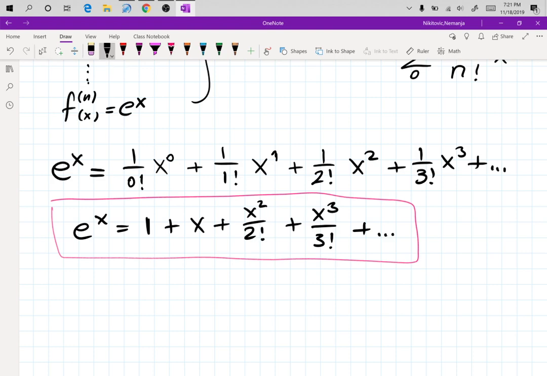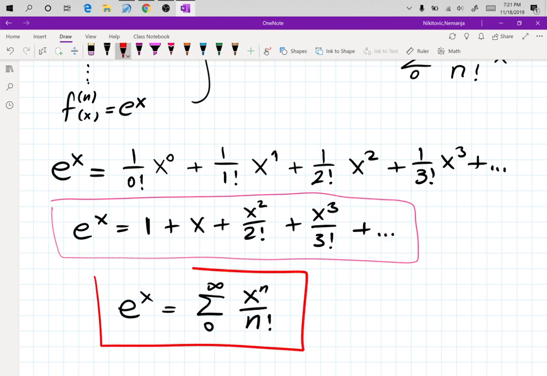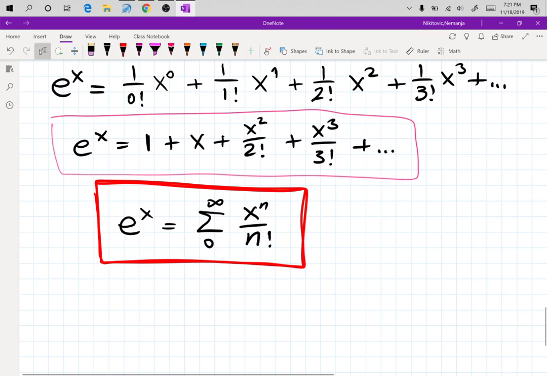Now, compress all of this into a single summation, 0 to infinity, to get what? x to the n divided by n factorial, and that becomes your Taylor series, power series, infinite polynomial, Taylor expansion, all the same names, for e to the x. Shall we do the preview of 11.4? Now that we have these two?